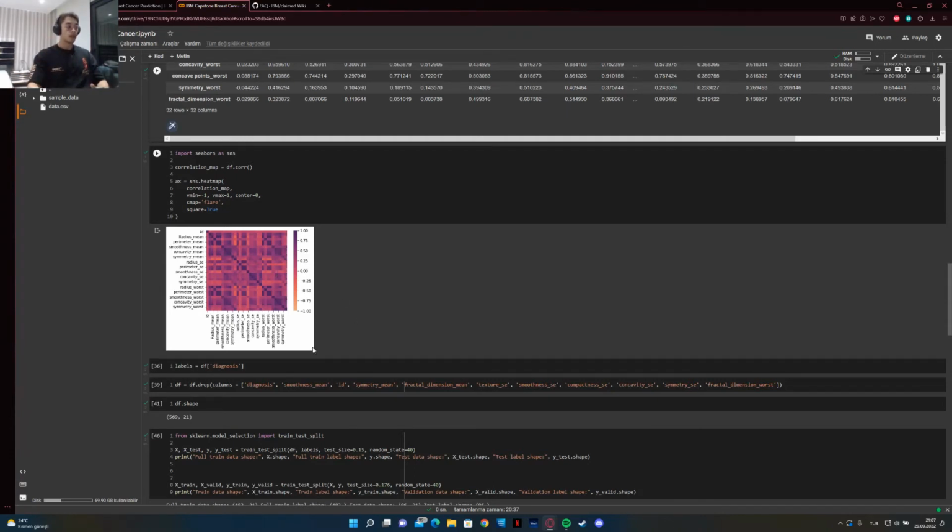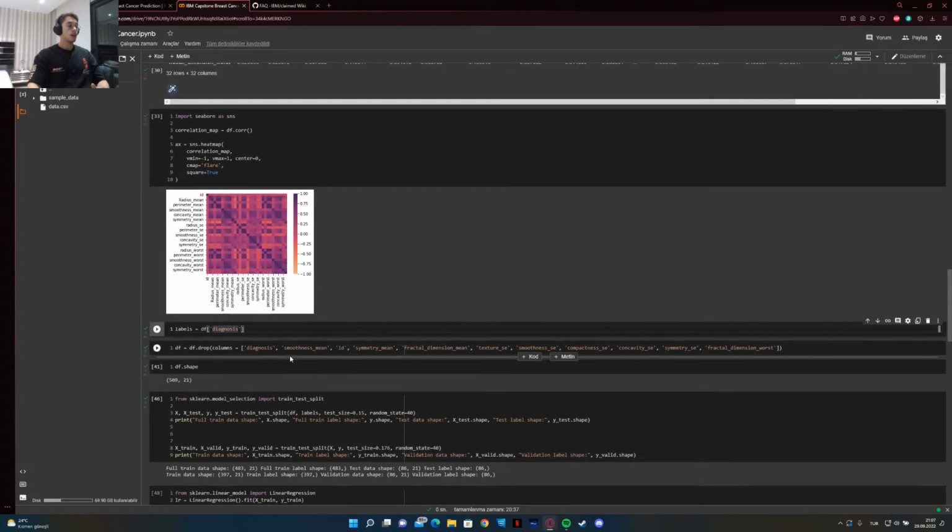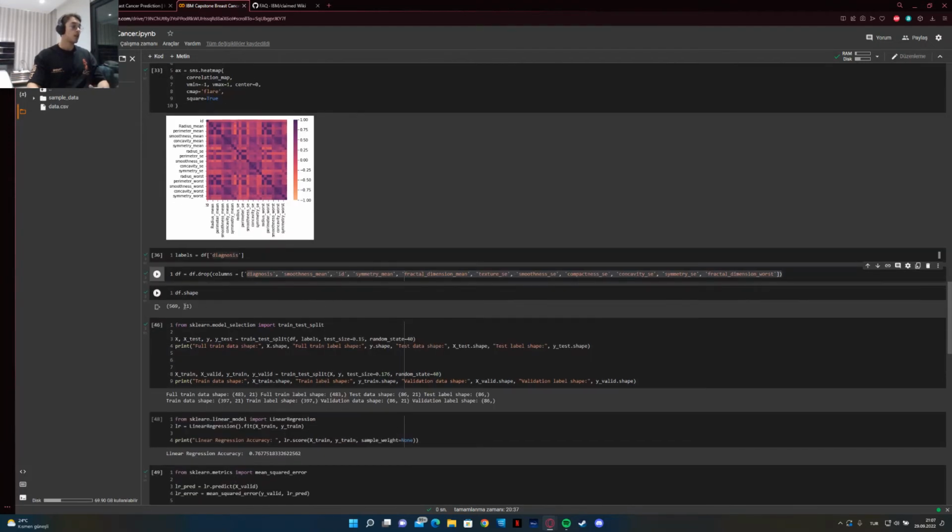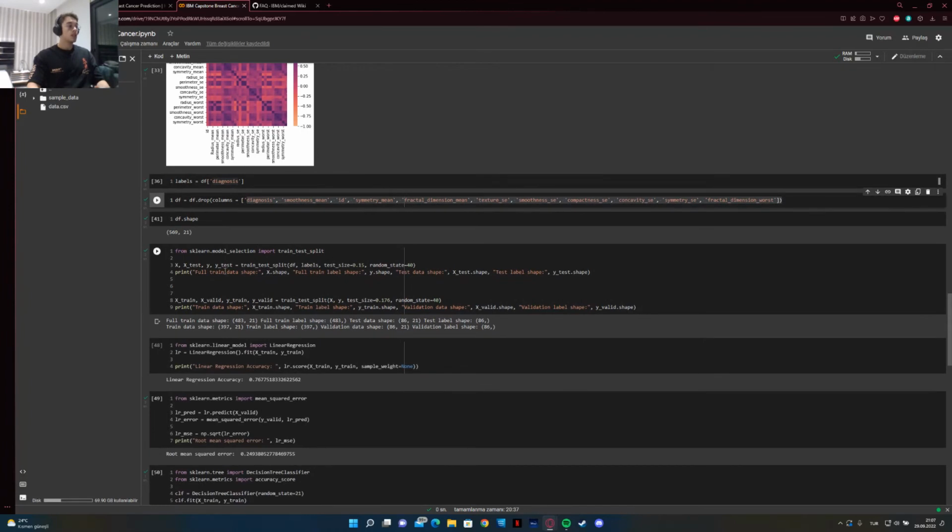After that, I set the label, which is diagnosis. After choosing my label and my unrelated columns, I dropped them. I dropped all of those columns, and after that, you can see the shape: 569 by 21. We had only 21 features to predict with.